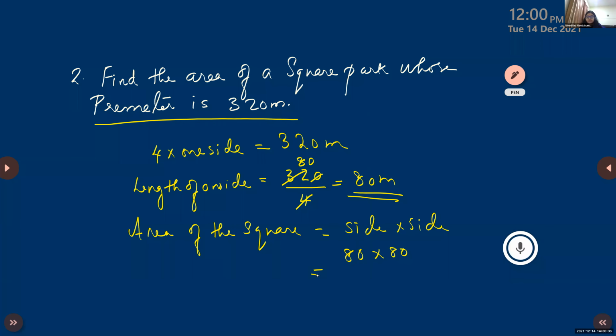What is 8 into 8? 8 into 8 is 64, isn't it? Then 0, 0. Area, meter square. 6,400.